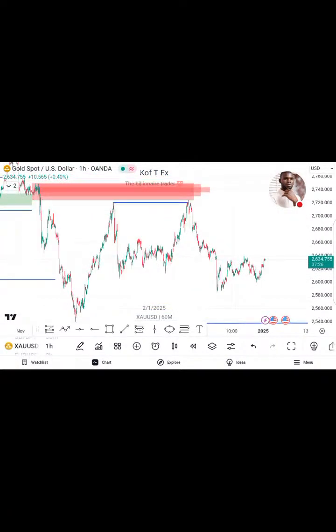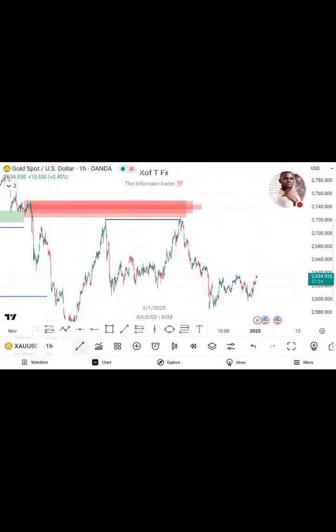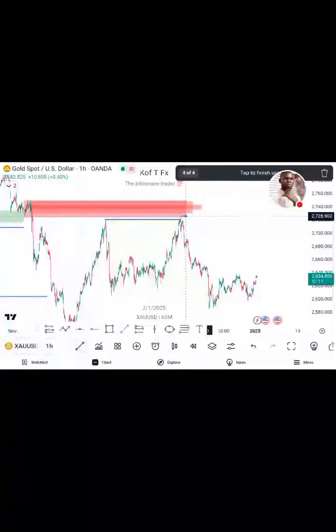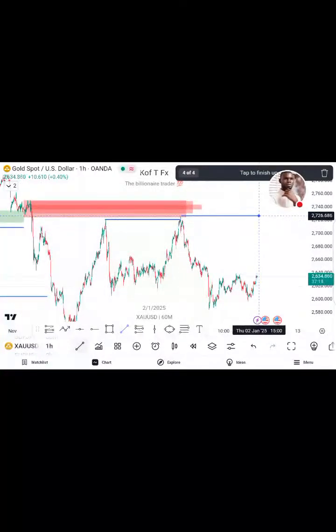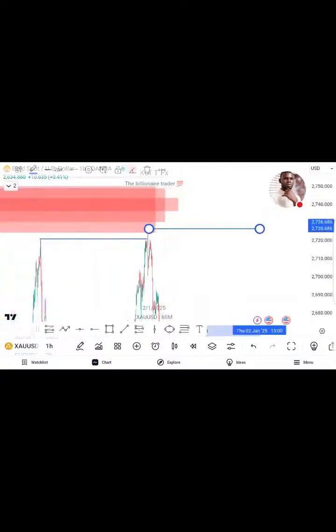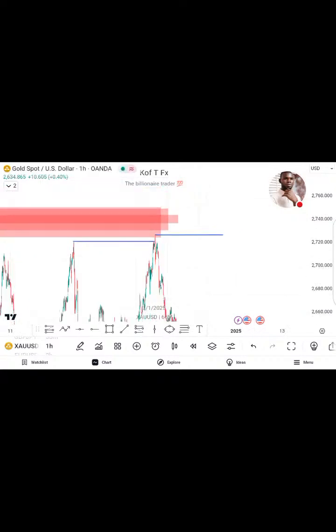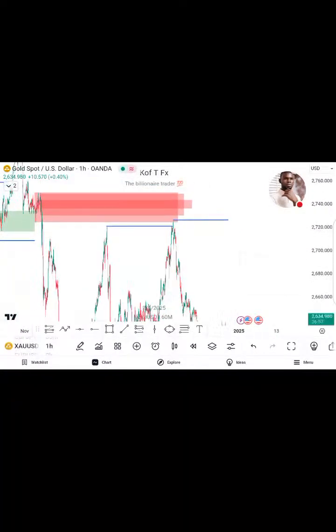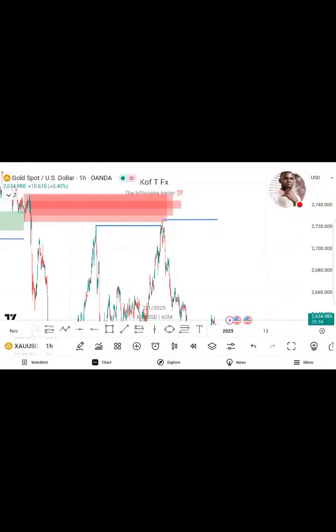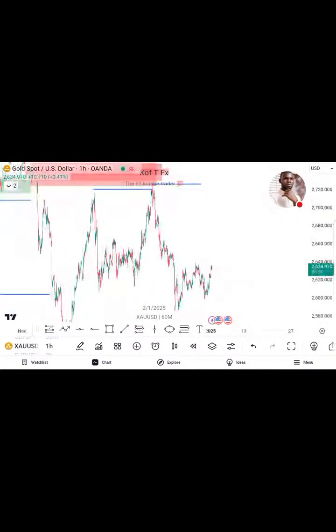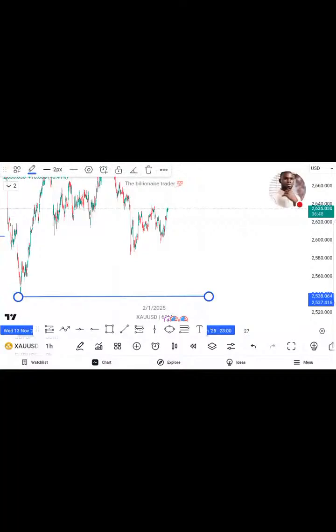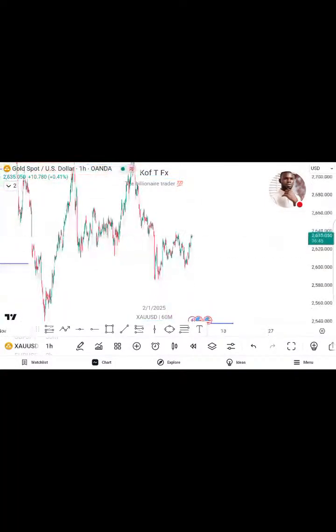If it happens that price should take out this high, then I'll be looking for opportunity to sell down to this target, this particular target here. That's what I will be looking out for.